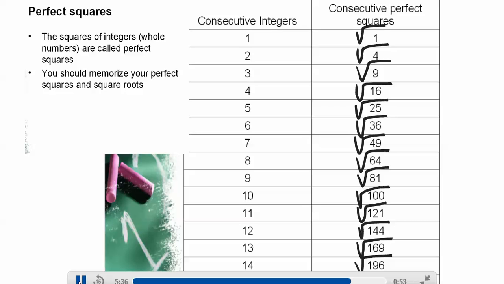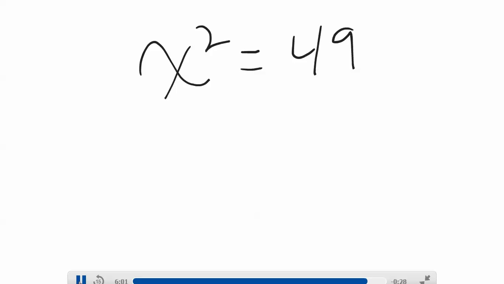So I hope this helps, and again, this is a very short lesson, but you should be pretty familiar with the square roots. Where we're going to go with this is we're eventually going to be solving quadratics by square rooting. So for example, if you had something like, I don't know, x squared equals 49, how would you solve that problem?